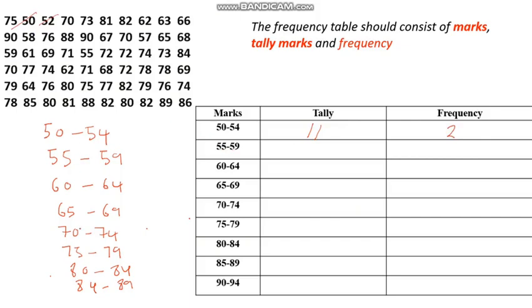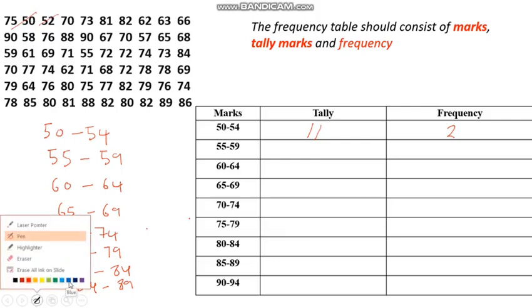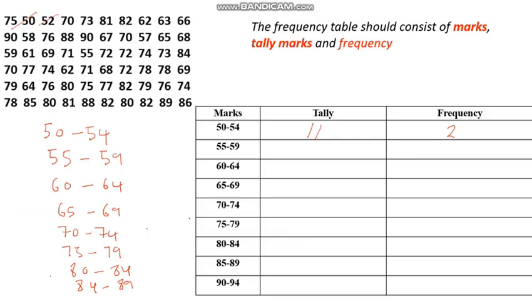Then we come to 55 to 59. So from 55 to 59, let's identify how many we have. We go on top here. We have this 58, sorry. Then we also have this one.